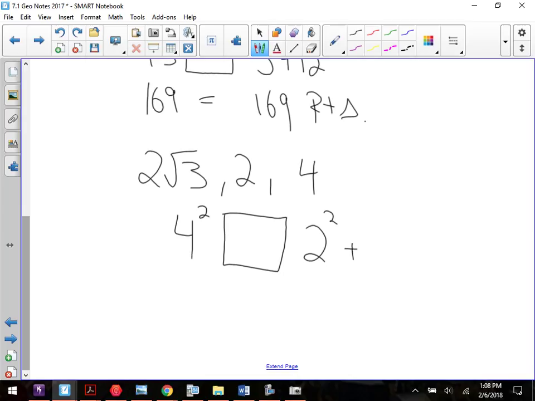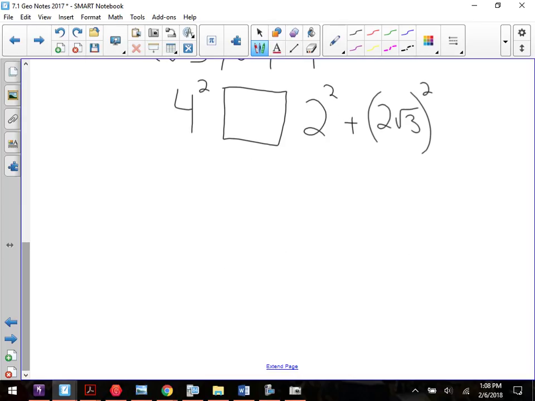What do I have to do with that 2 root 3 when I square it, though? What do I have to put in for my calculator? Parentheses. I think it's just parentheses. Put those together, 4 squared is how much? 16, not 8.